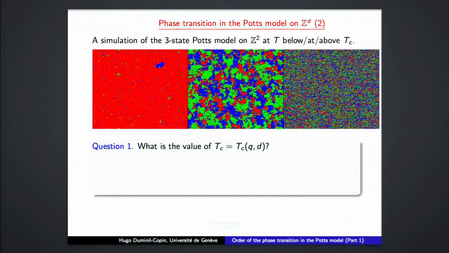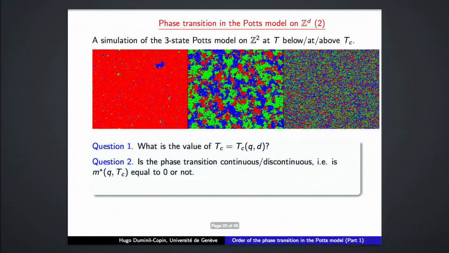Before doing that, I want to give you a few questions that are natural to ask on these models, that maybe you are already asking yourself. The first question is, what is the value of the critical temperature? Can you determine it? Experimentally, you can for magnets, but for this specific model, can you compute the critical temperature?